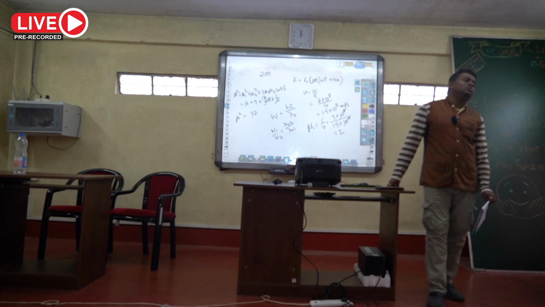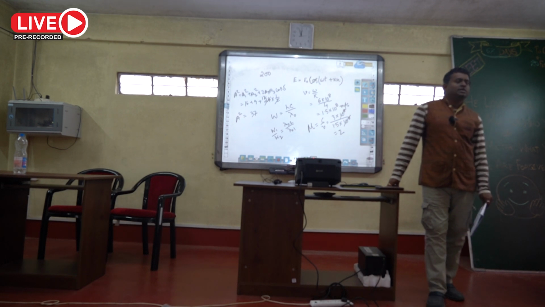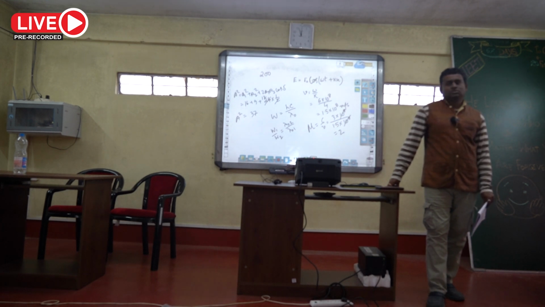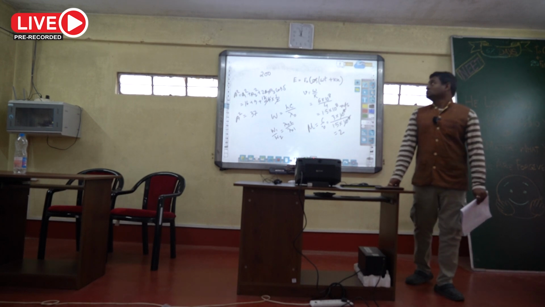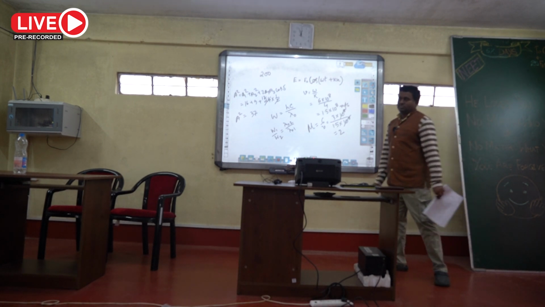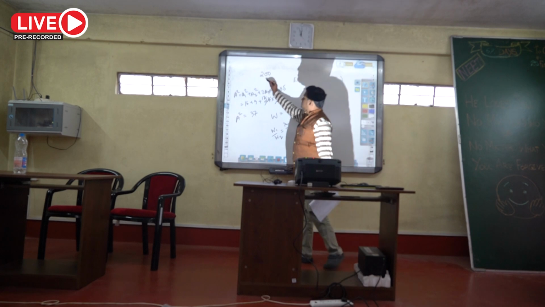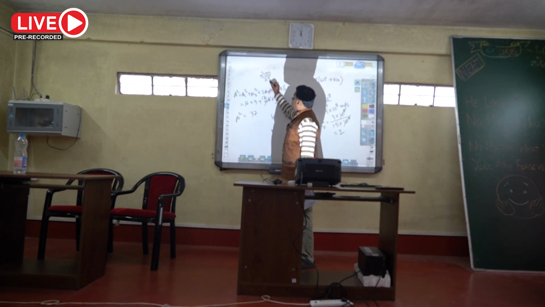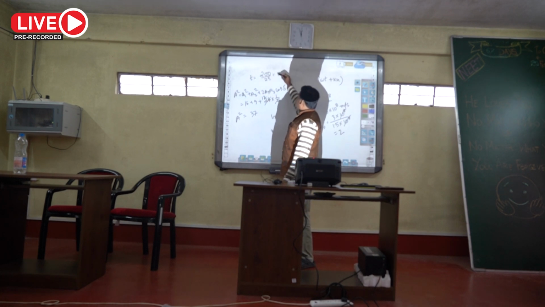This has to be converted into meter per second. 90 km per hour into 5 by 18 is 25 meter per second. So 200 by 25 is 8 seconds. 8 seconds time is required.